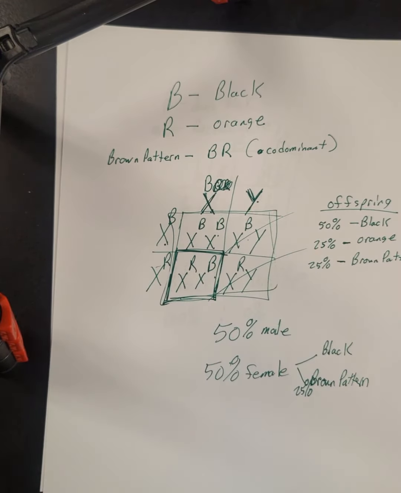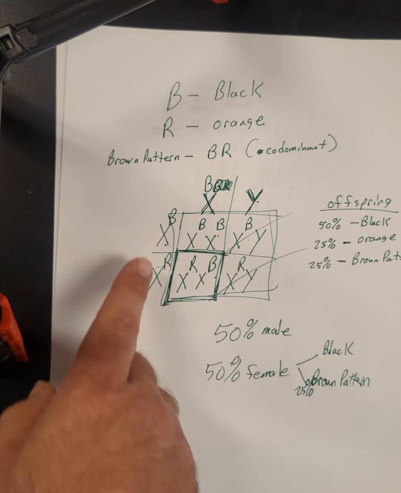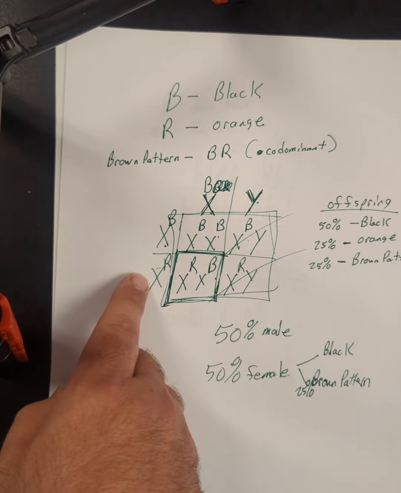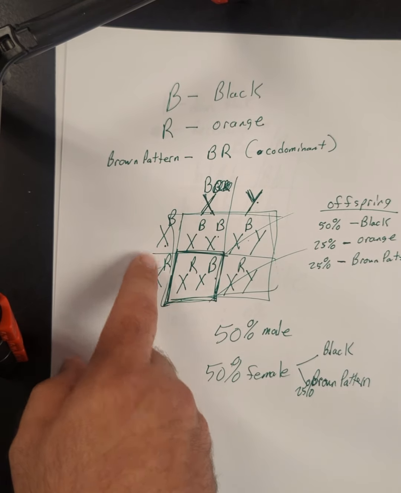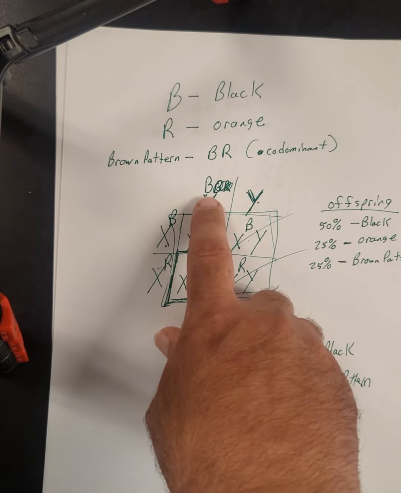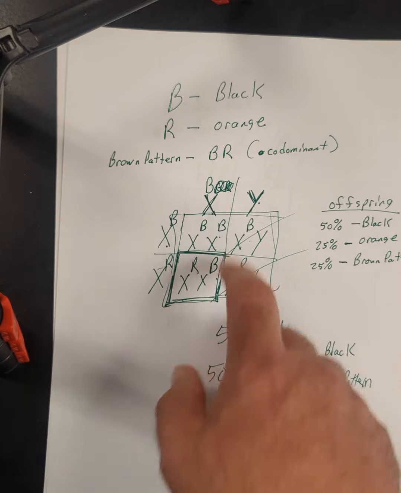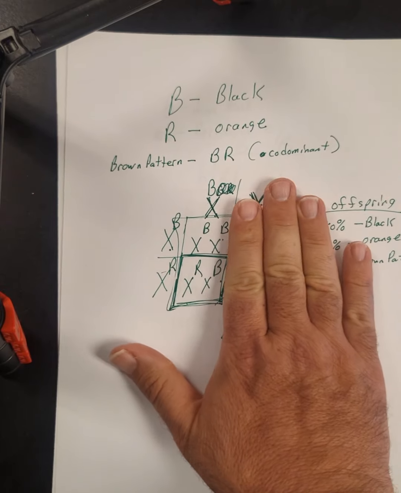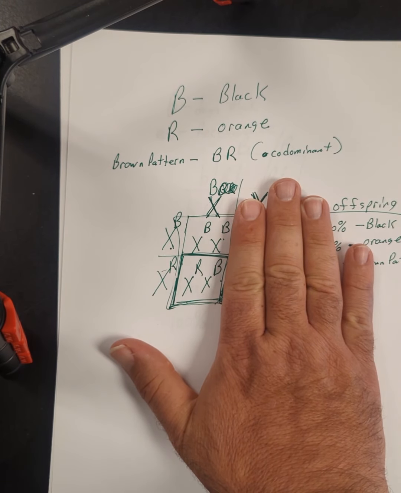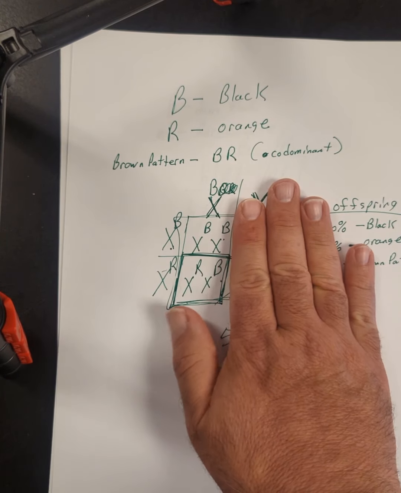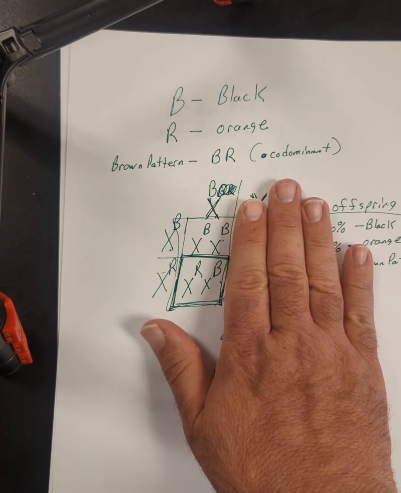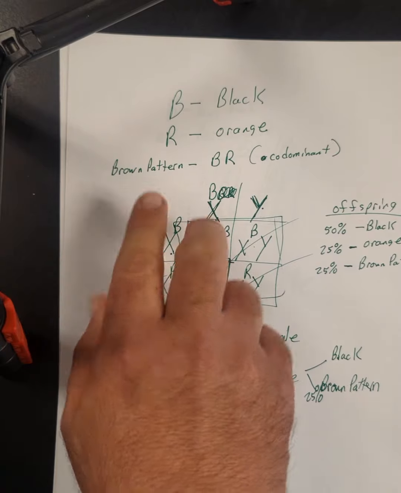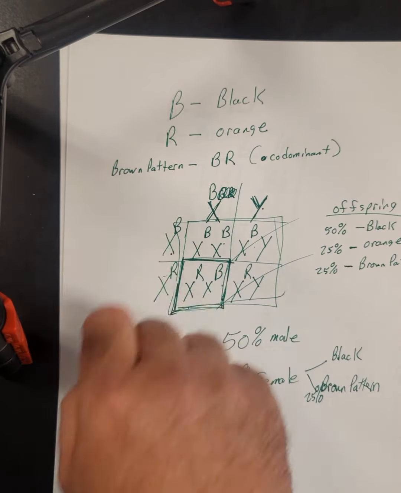That's codominant. And so if you had a mother who is codominant for the brown pattern and a male that is black, then you would have a 50% chance of a female that is black and a 50% chance of a female that is orange and black or brown. It's orange and black, but it looks brown.